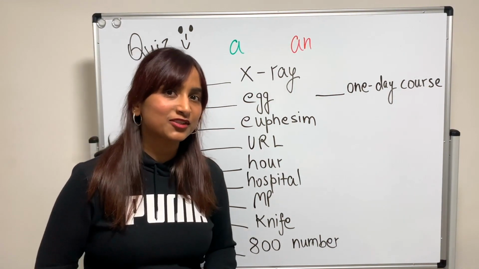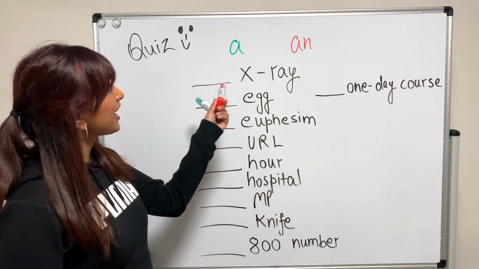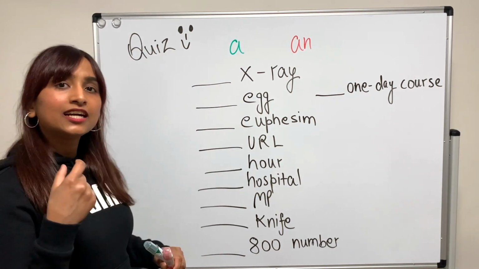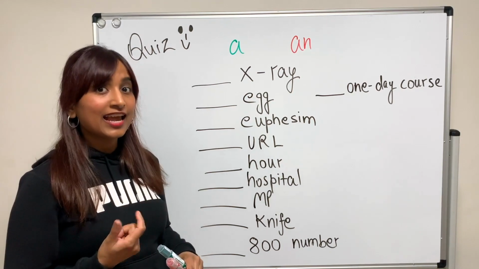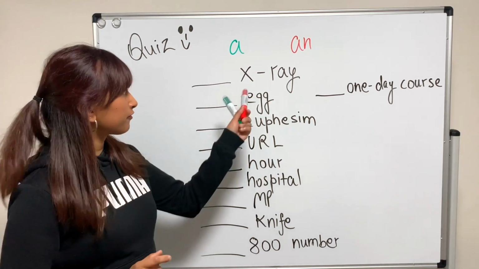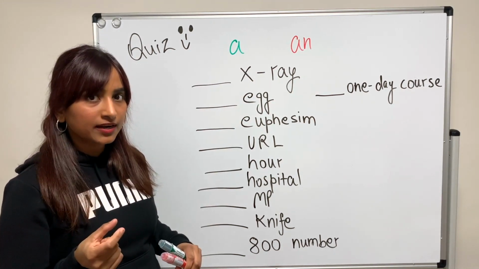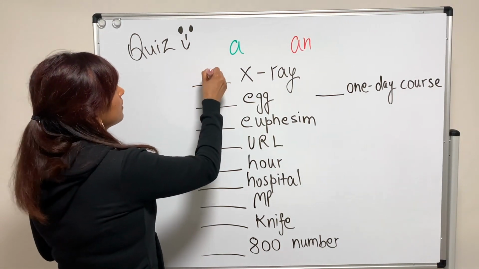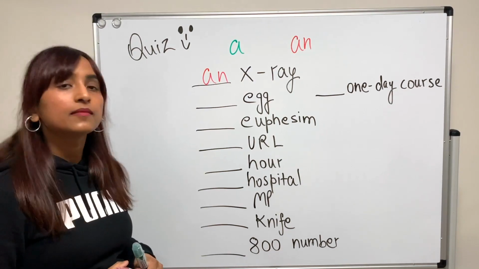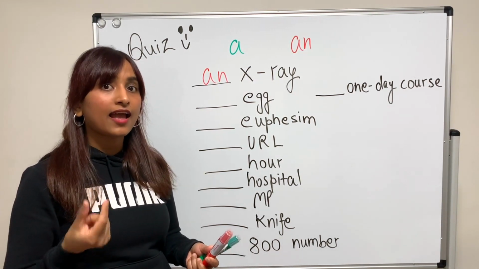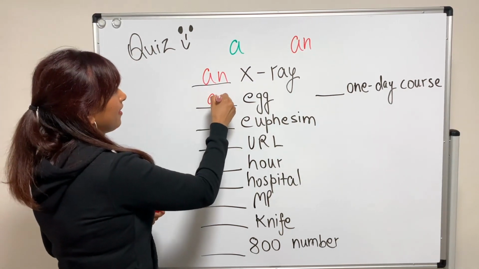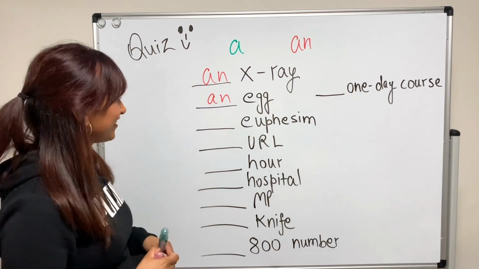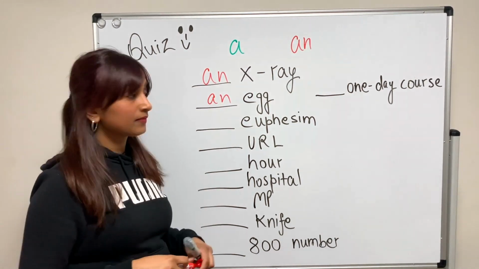Let's check the answers together. X-ray. Listen to my pronunciation and listen to the starting sound of this word. X-ray. E. So I'm going to use an. Egg. E. An egg. Euphemism.